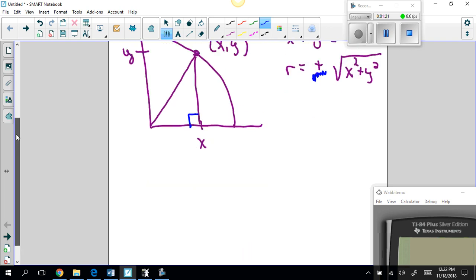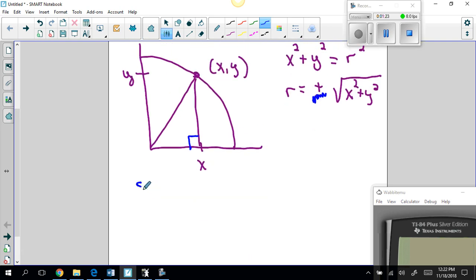Then we proceeded to make up relationships. Sine of theta, let's call it y over r. Cosine theta, x over r. Tangent theta, y over x. And of course the three reciprocal identities, cosecant, secant, cotangent, but we're not going to write those down for today.